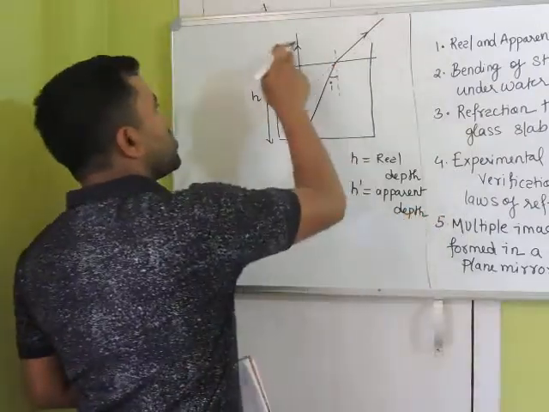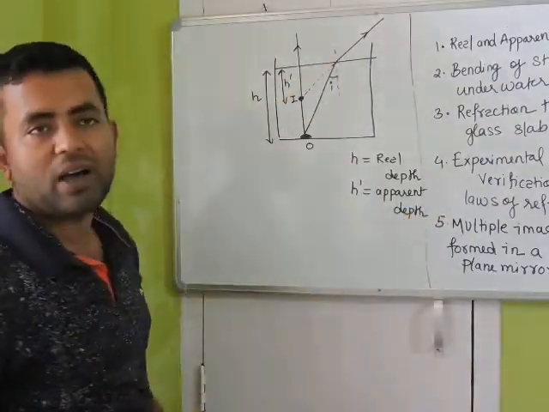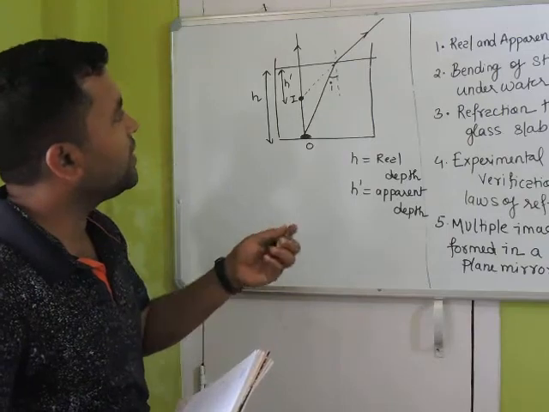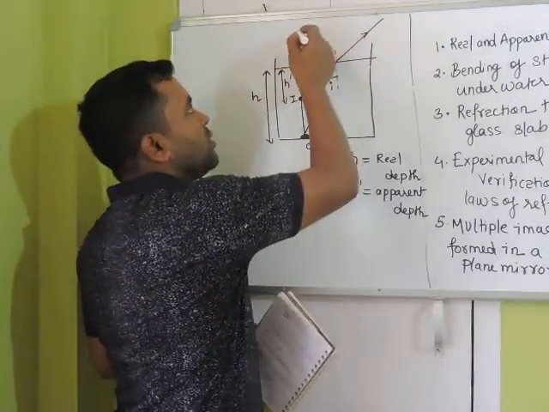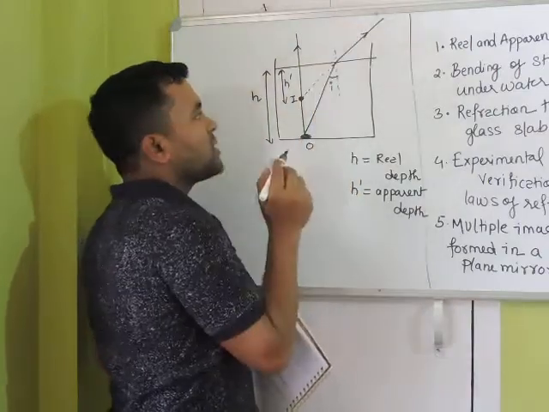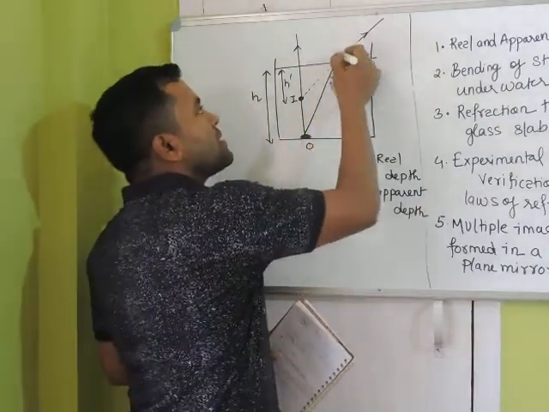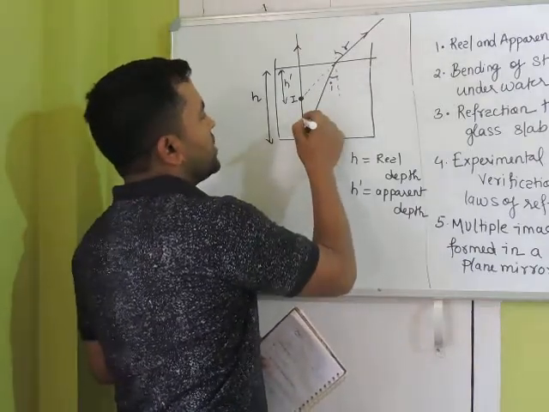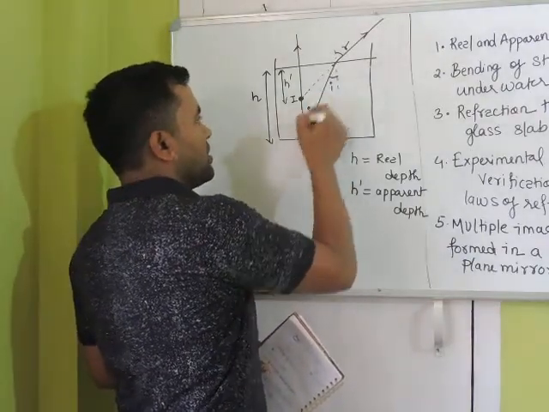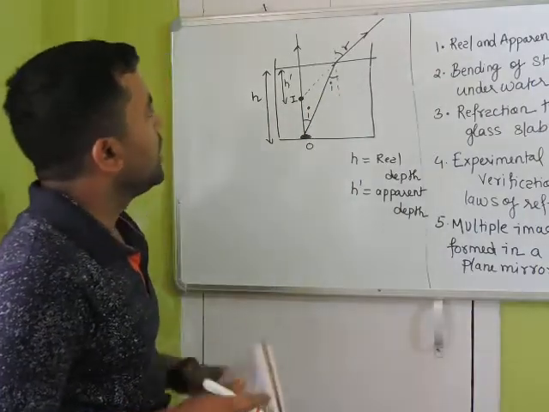Even though these two rays look very far apart, in reality they are very close, so both are intercepted by your eyes. This is the angle of refraction, and you can also see that this will be the angle of incidence, alternate interior angle.